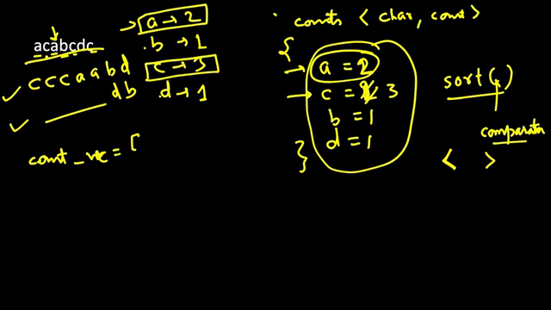But let's say you need some custom sorting. For example, in this case, these are key value pairs, and we want to sort them on the basis of the values, not keys, and also in descending order. That is, C should come first, followed by this. So you can see that here we need custom sorting, so we need to provide a comparator.